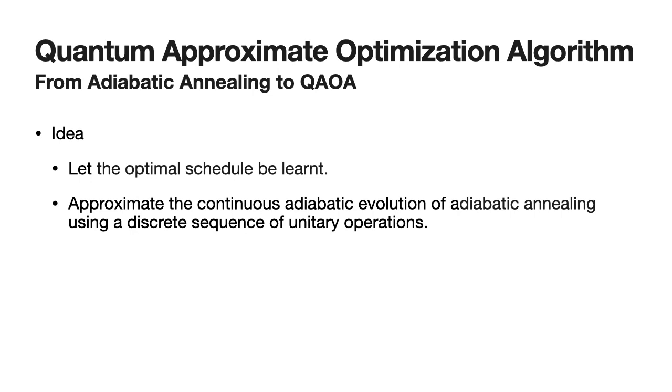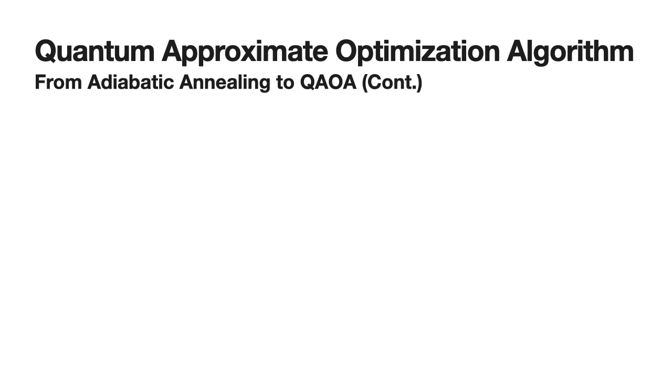Essentially, rather than having the optimal annealing schedule be specified upfront, QAOA aims to learn or optimize this sequence to mimic the adiabatic path as closely as possible. But how exactly can we approximate this continuous adiabatic process with a discrete sequence?